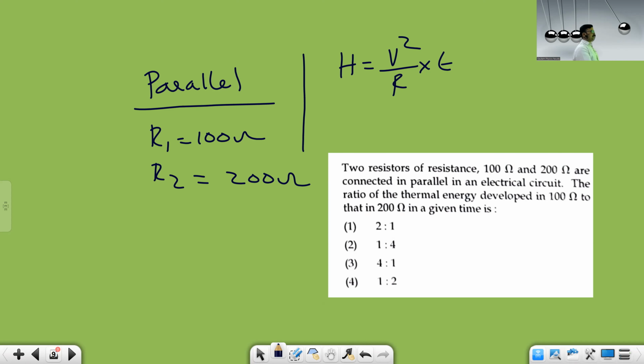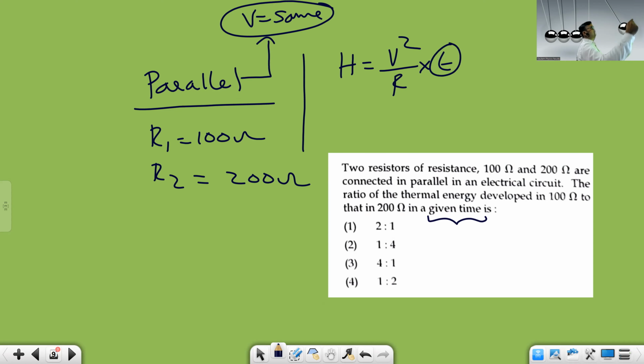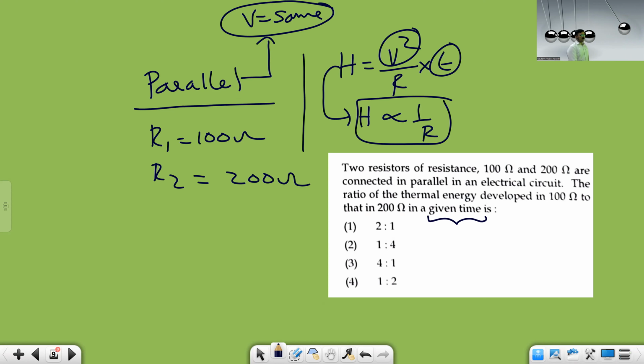Why I selected it: when they say parallel, I know that potential is the same. And they also mentioned given time. Two resistors of resistance 100 ohm, 200 ohm are connected in parallel. So given time is constant, and as R is parallel, potential is the same. I can write H is inversely proportional to R. So H is inversely proportional to R, meaning H1 by H2 is equal to R2 by R1.